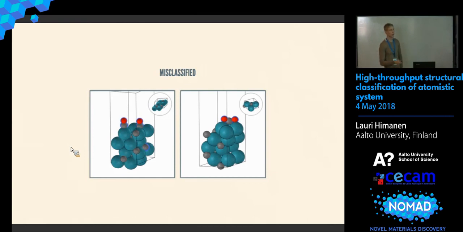So for example, this is one of the examples where we have not identified the correct unit cell, and the reason is that we didn't identify correctly these outlier atoms on top of the surface, but this atom here is identified as an outlier.